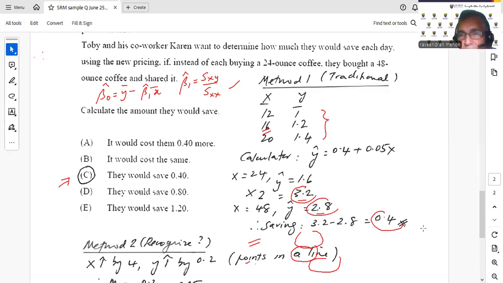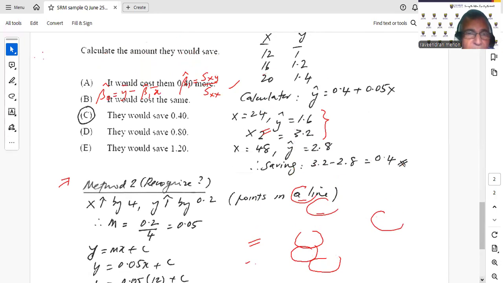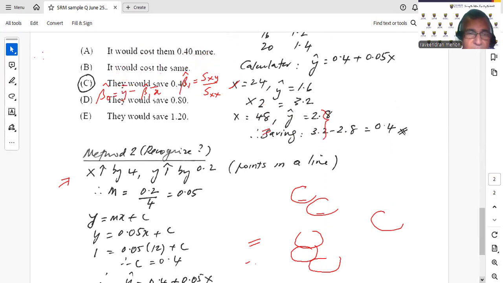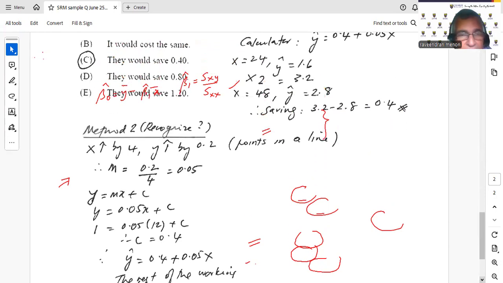So I've attempted to do that to give an idea of an alternative way to solve this problem. By finding the gradient and so on, you'll get the same equation, 0.05x plus 0.4, and then you can plug in the values 24 and 48 and so on, and still get the same answer. The saving is again 0.4.